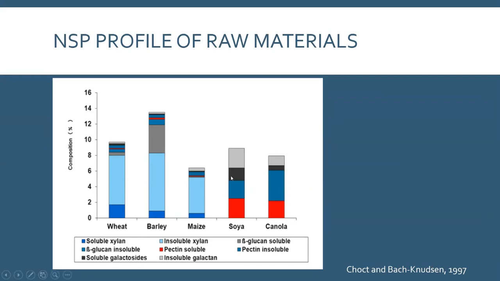And we can see here that the predominant NSPs are pectins, which are the insoluble and soluble pectins, as well as high levels of soluble xylans. So all types of raw materials would have NSPs, and as mentioned before, we have to characterize our raw materials to know their non-starch polysaccharide profile, and in that way we will know which particular enzyme we are going to use in our raw materials.